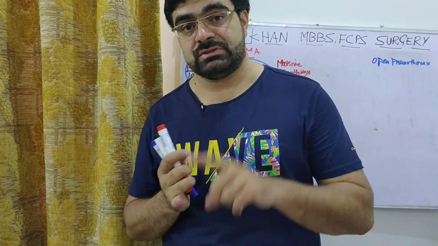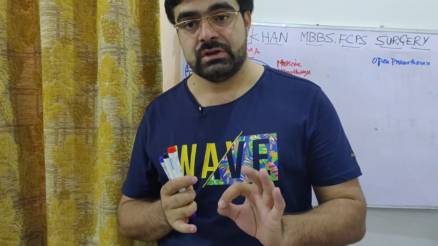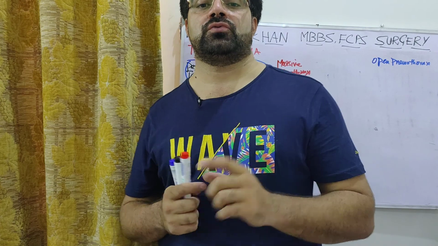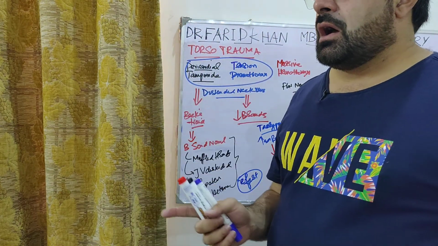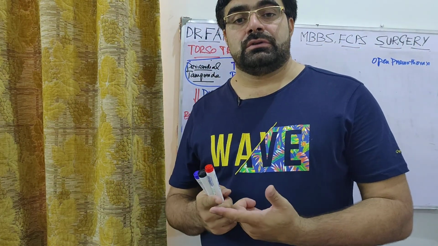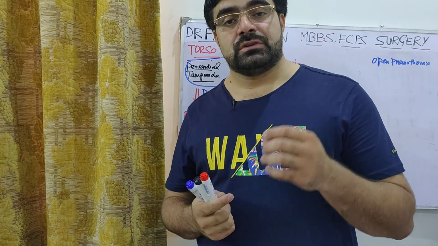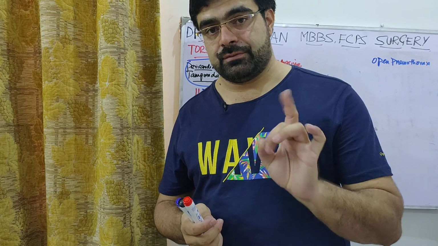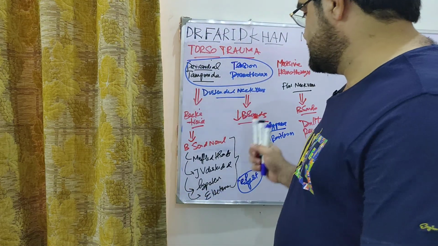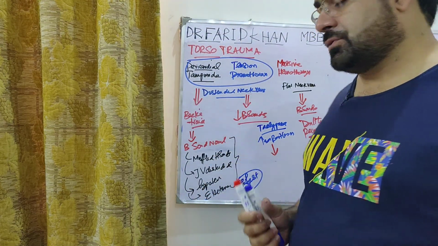The first step is needle thoracocentesis, and the definitive treatment for tension pneumothorax is chest intubation in the fifth intercostal space in the triangle of safety. I will discuss it in a while, but first clarify your mind. Tension pneumothorax is a clinical diagnosis.